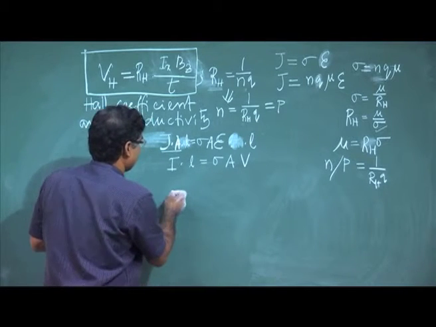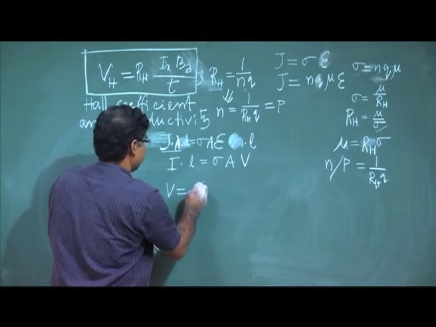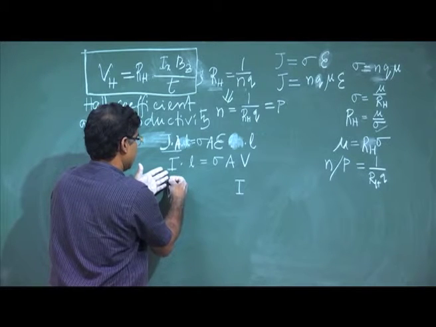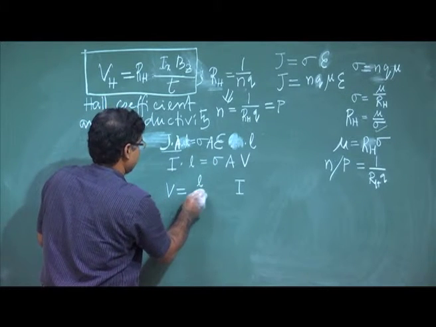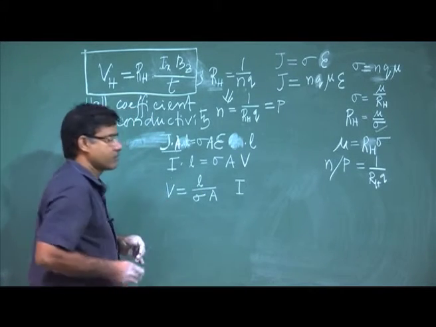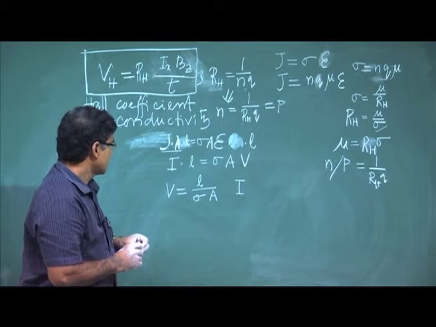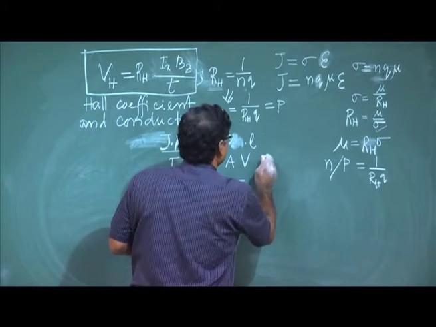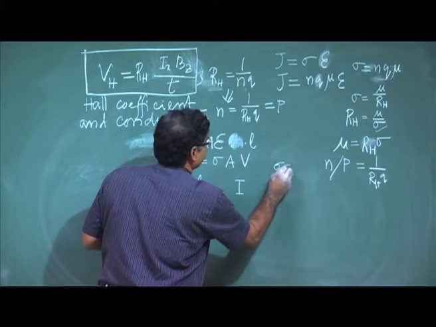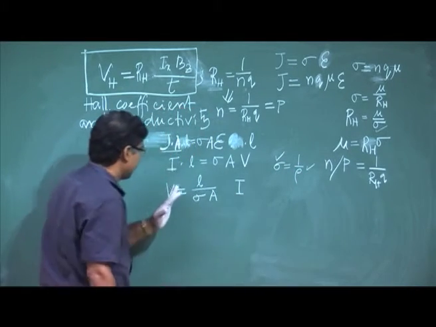Then I can write V equal to I L by sigma A. One can write sigma equal to 1 by rho, resistivity. So conductivity, resistivity, whatever, fine.